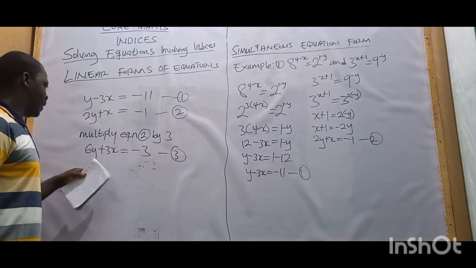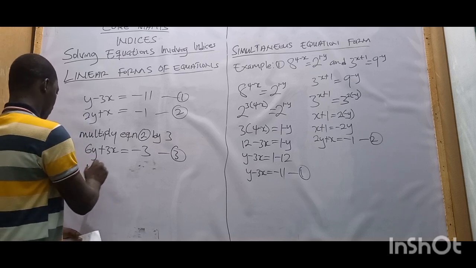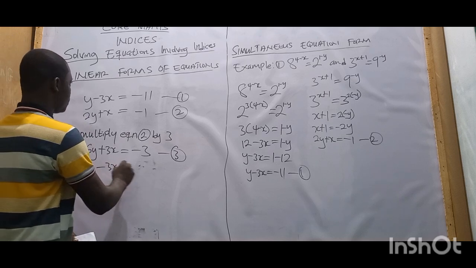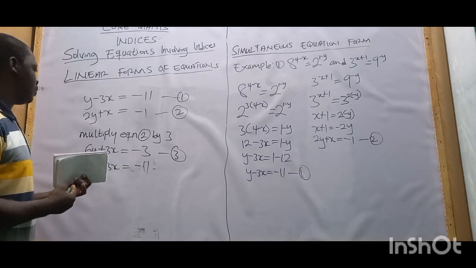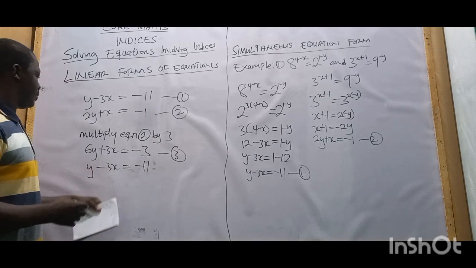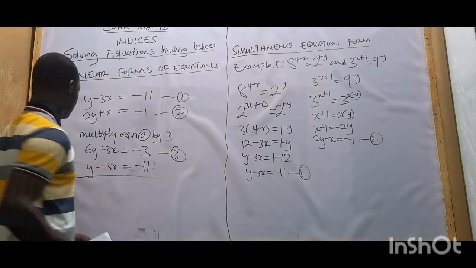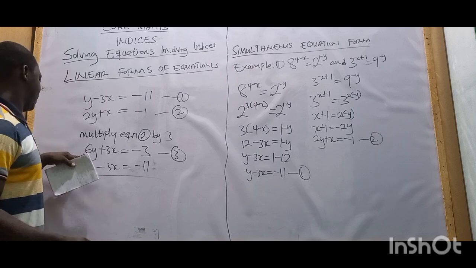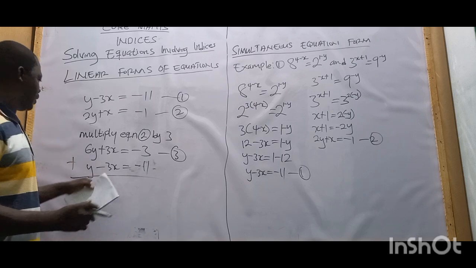So I'll now handle equation 3 and what? Equation 1. So I'll solve them simultaneously, so at the same time. So I'll just add them, right? So 6y plus y, I'll get what? 7y.